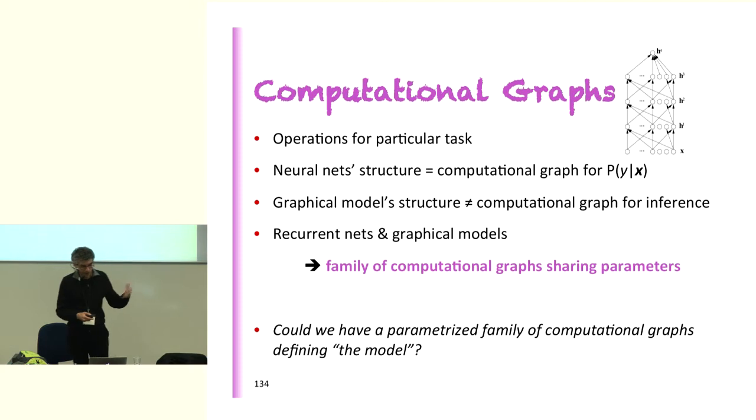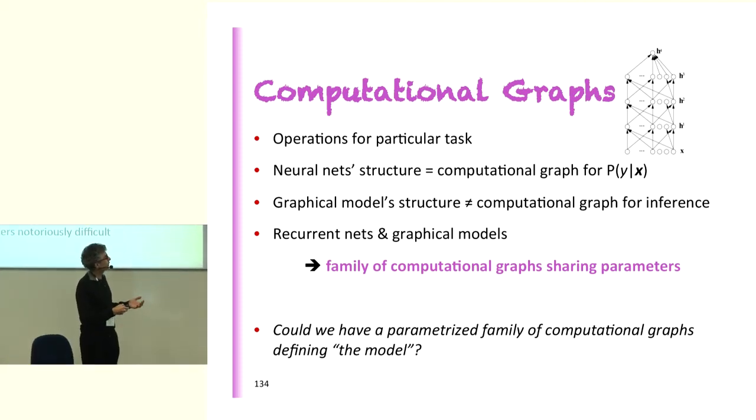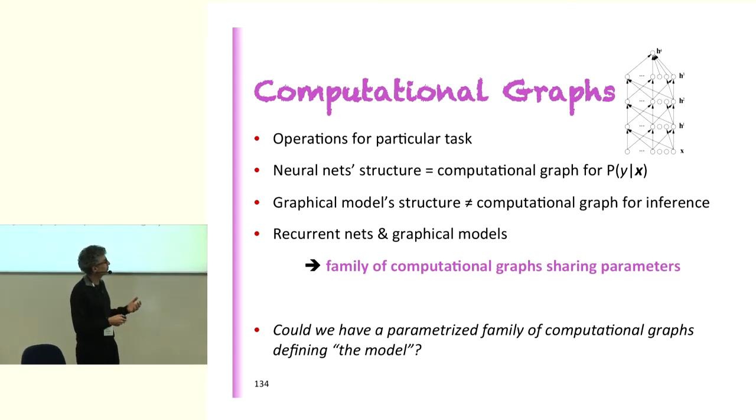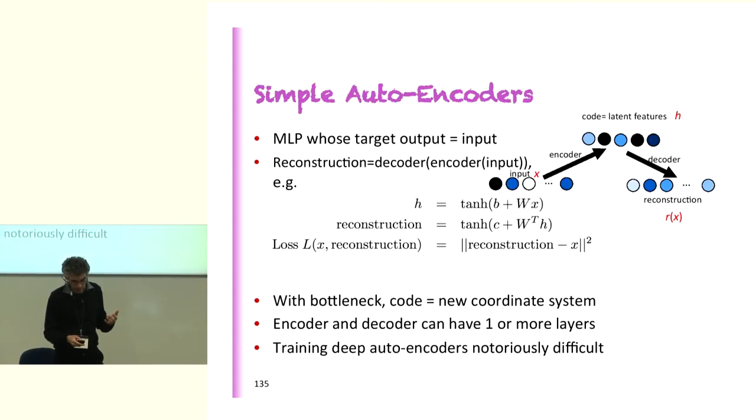And we're going to get a family of these graphs potentially by sharing parameters. For example, in recurrent nets and graphical models, we can get a family of graphs by sharing parameters in various ways. Okay, so we'll see how we can construct probabilistic models using this kind of formalism, which is different.